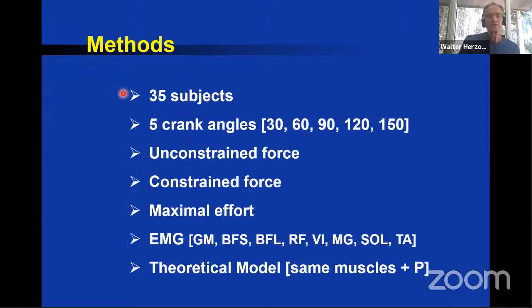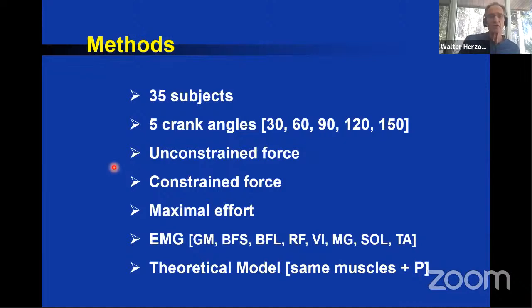So we took 35 subjects and had them push against the crank at 5 different angles in the power phase. And we did that with a maximum effort in what we call an unconstrained situation and a constrained situation, which I'll explain in a second. And then we also measured the corresponding electromyographical activity and also modeled this with a theoretical model.